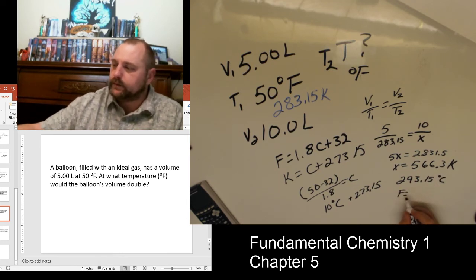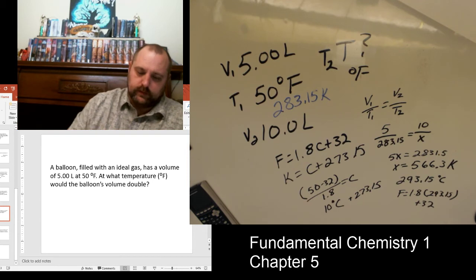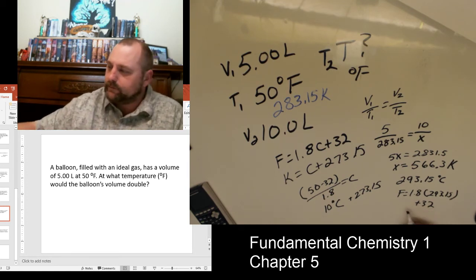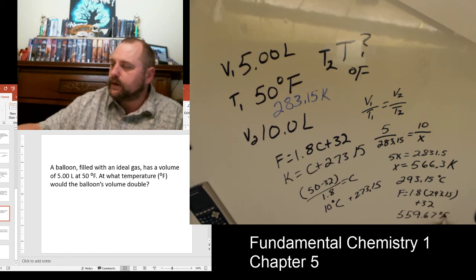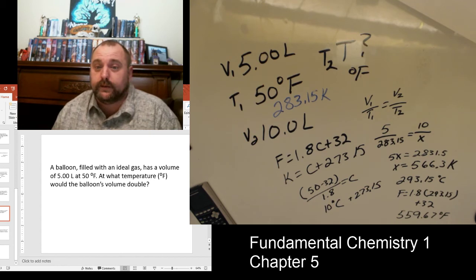And F equals 1.8 times 293.15 plus 32. 559.67 degrees Fahrenheit. So it takes a lot to double that volume. All right, so it takes a real high temperature to double the volume.